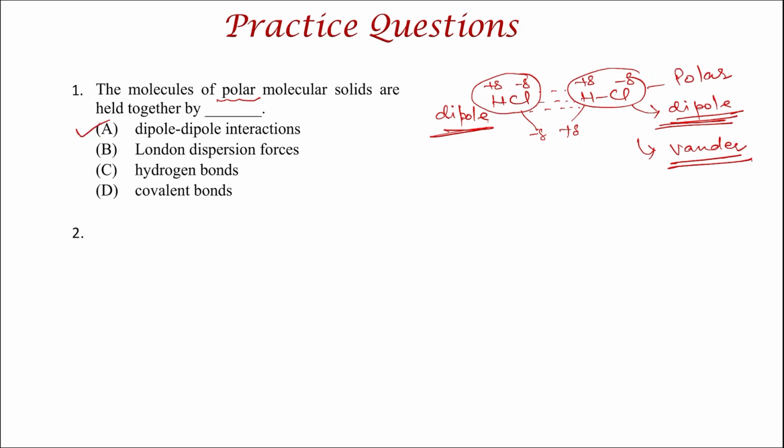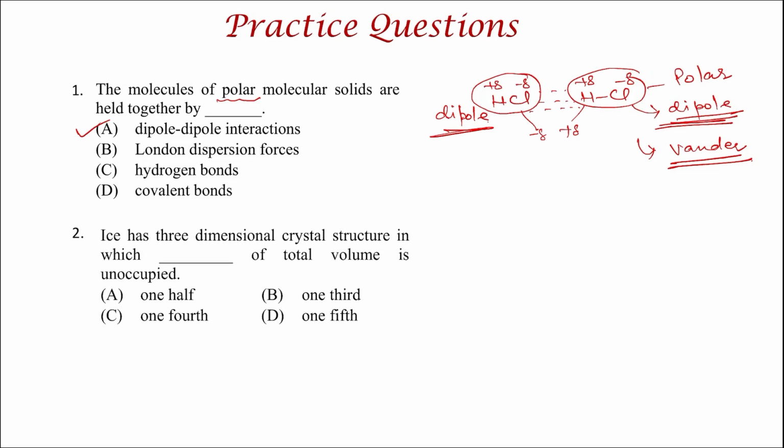Next, the second question: ice has a 3-dimensional lattice structure, crystal structure. So here we have ice. Here this oxygen forms 2 bonds with the 2 hydrogens, and again this is another molecule, again another molecule.